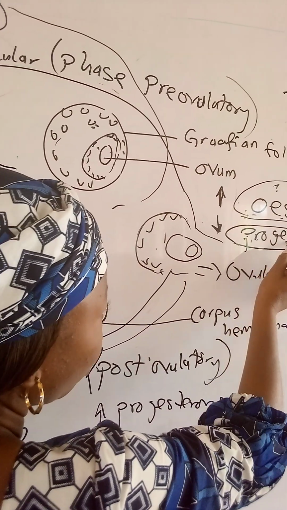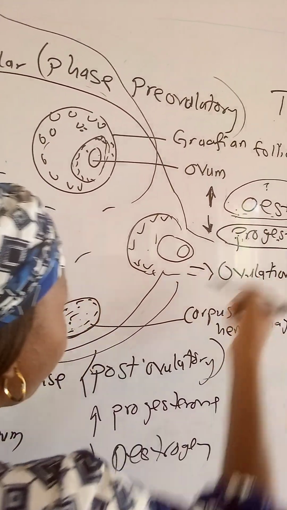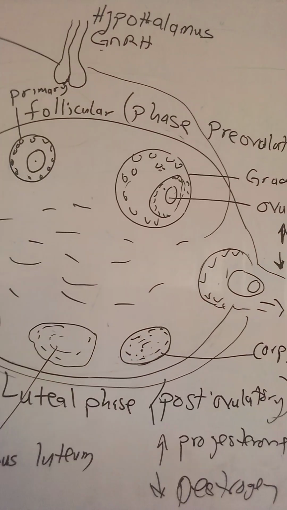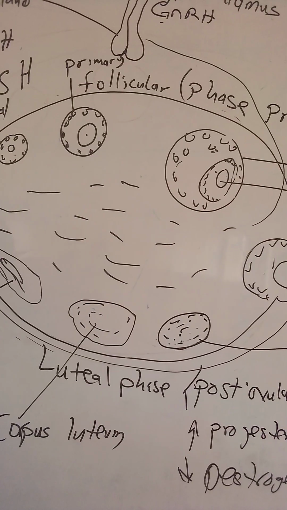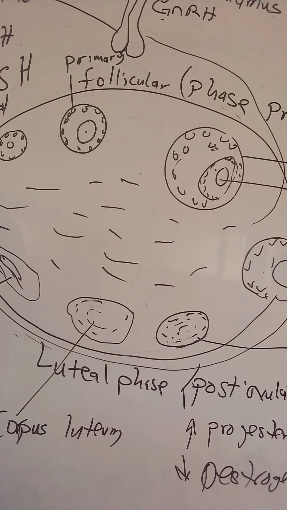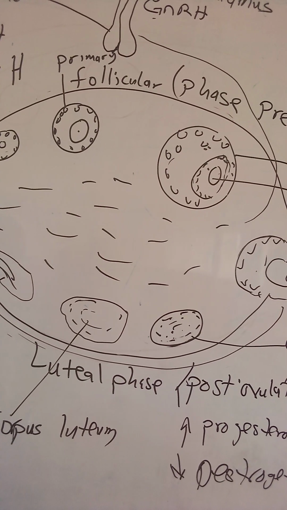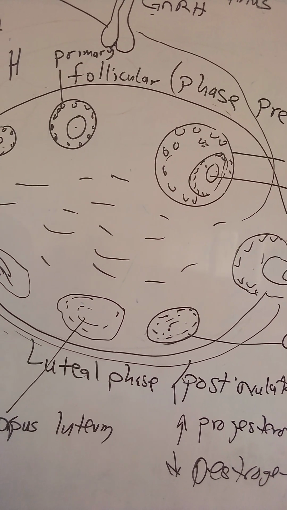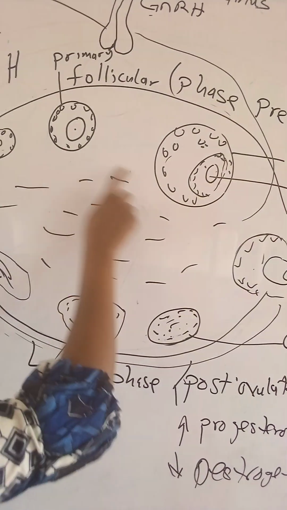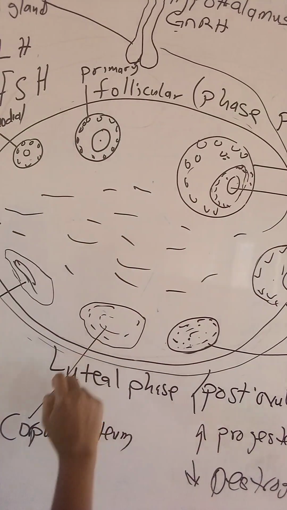The progesterone also further thickens it and provides the necessary blood supply to the endometrium in order to prepare it for pregnancy, and also to maintain the pregnancy. So this is what happens in the ovarian cycle.